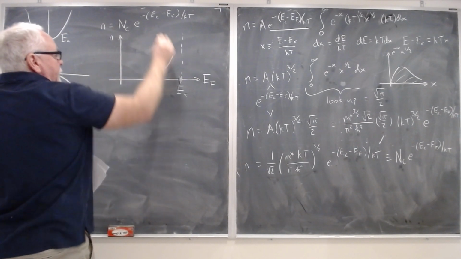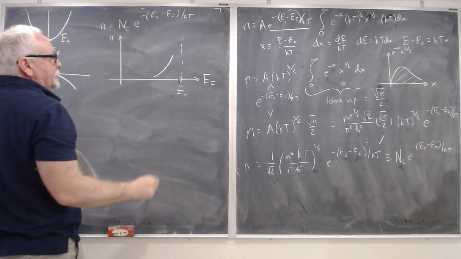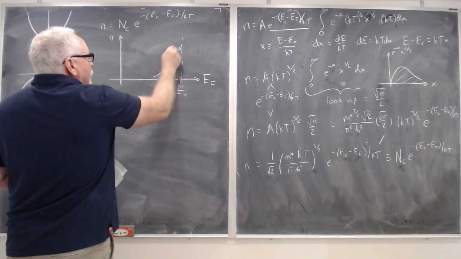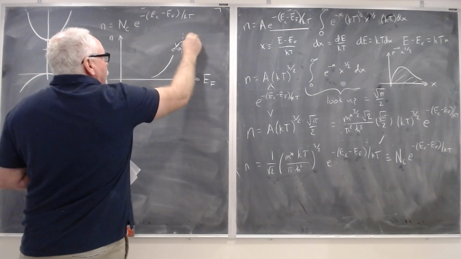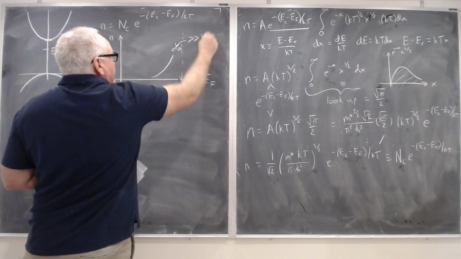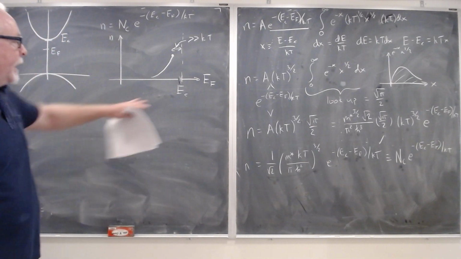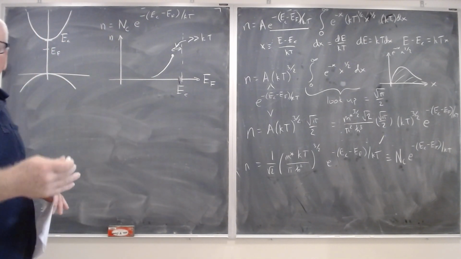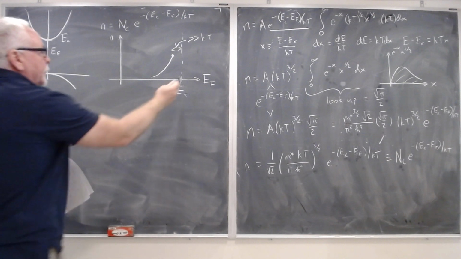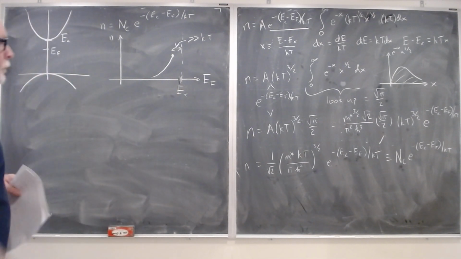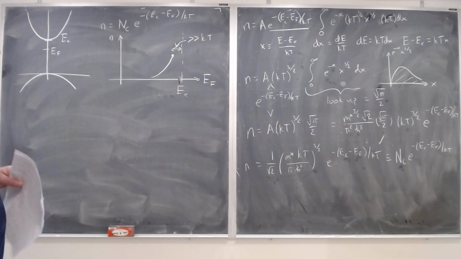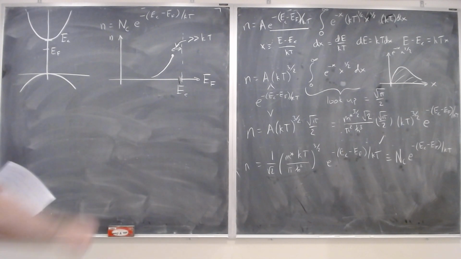Because it goes as e to the minus (EF minus EC). Now remember, okay, that must remain much bigger than kT. So this answer is only valid up to within a few kT of the conduction band.